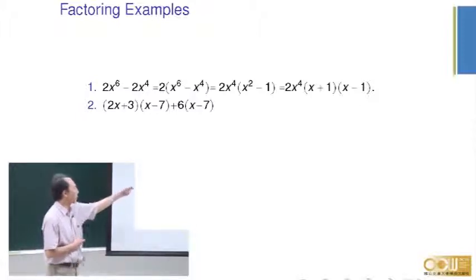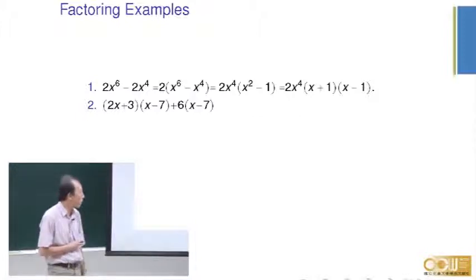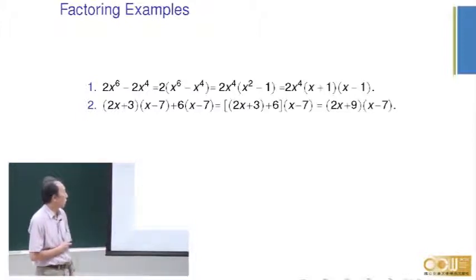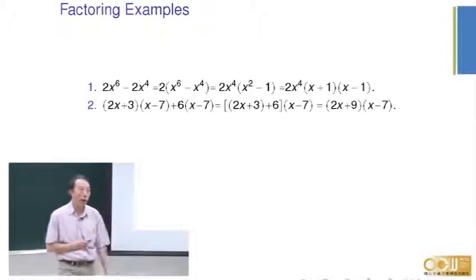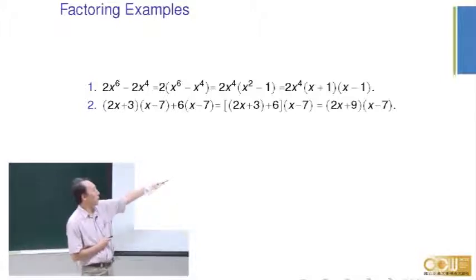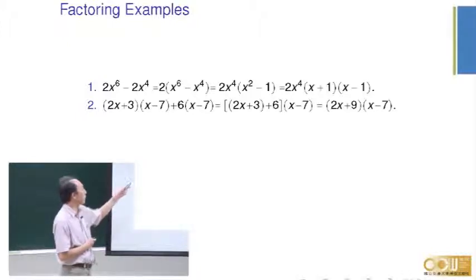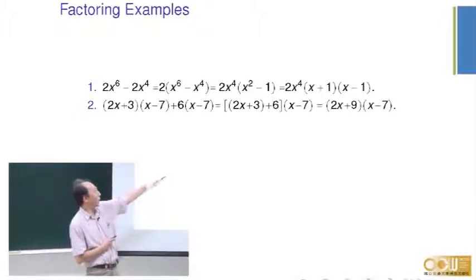The second example is this. We try to factor 2x plus 3 times x minus 7, plus 6 times x minus 7. By observing that these two quantities have a common factor x minus 7, we use the reverse distributive law to take out the common factor, which becomes x minus 7 times the quantity 2x plus 3 left from the first term, and 6 left from the second.